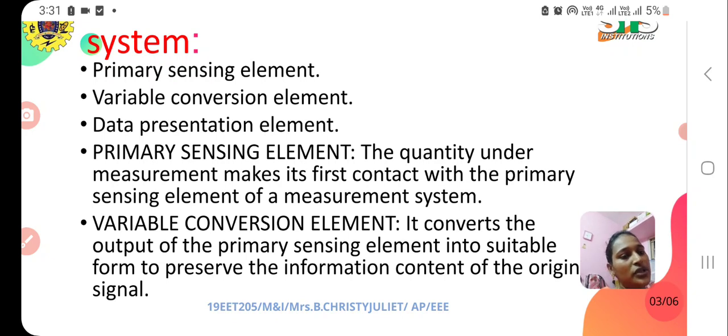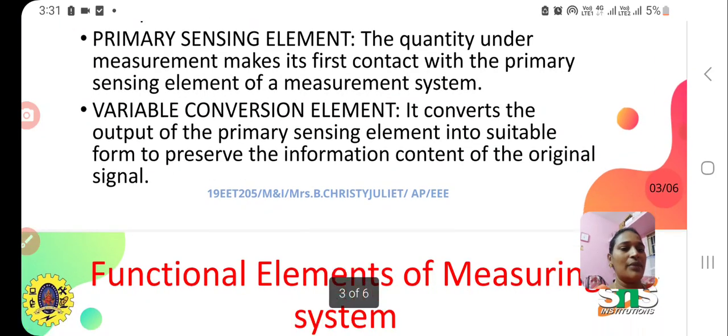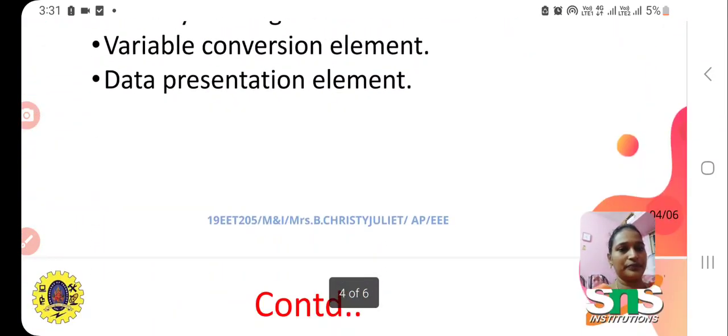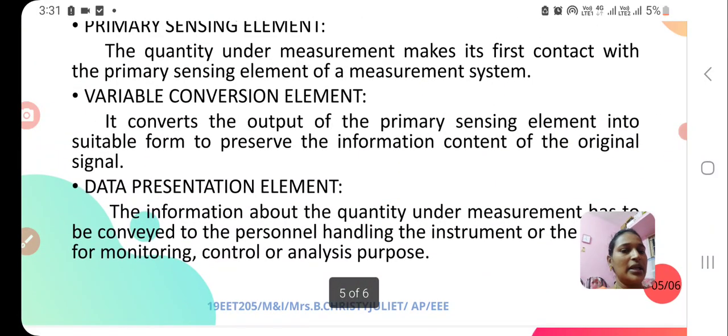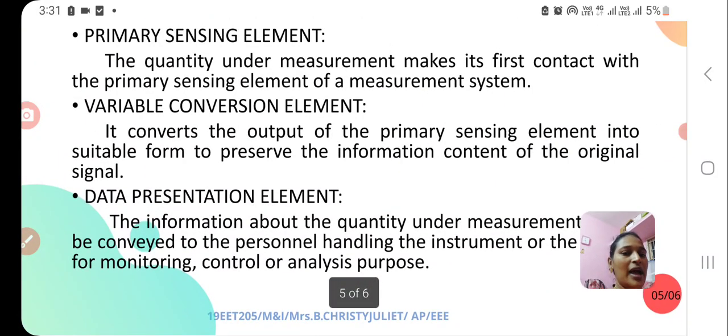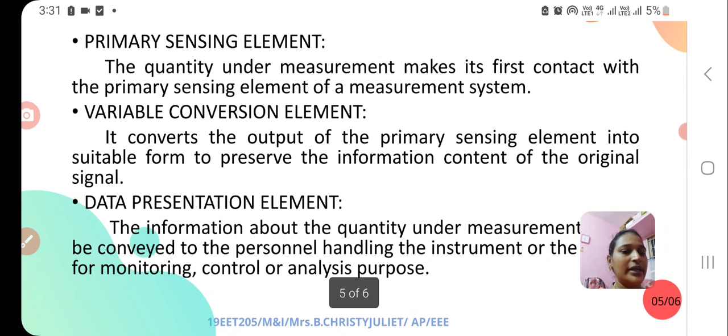The variable conversion element converts the output of the primary sensing element into a suitable form without damaging the original signals. And the data presentation element carries the information about the quantity under measurement.